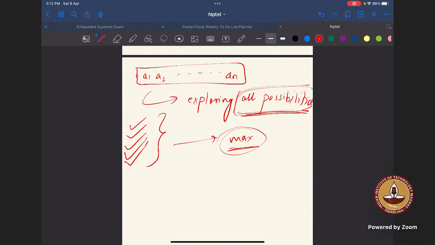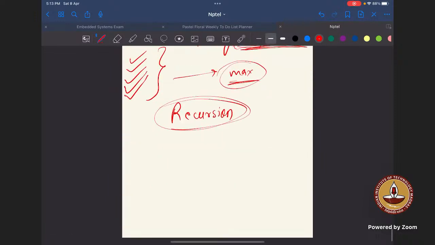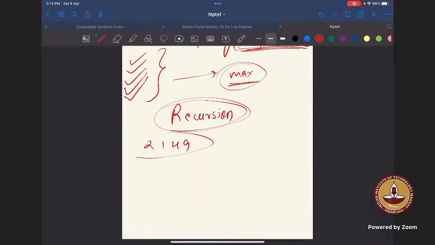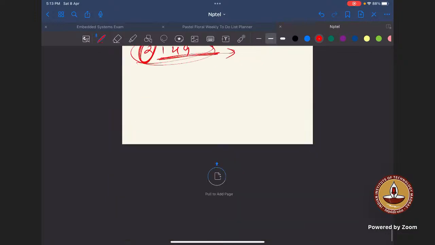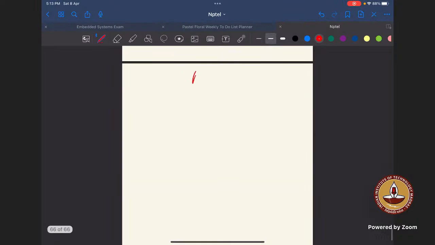So one naive solution could be to use recursion. We can always use recursion. Because let's say I have 2 1 4 9. What recursion can do? It can pick 2 and find the answer of this one. If we try to apply recursion, what will recursion do?